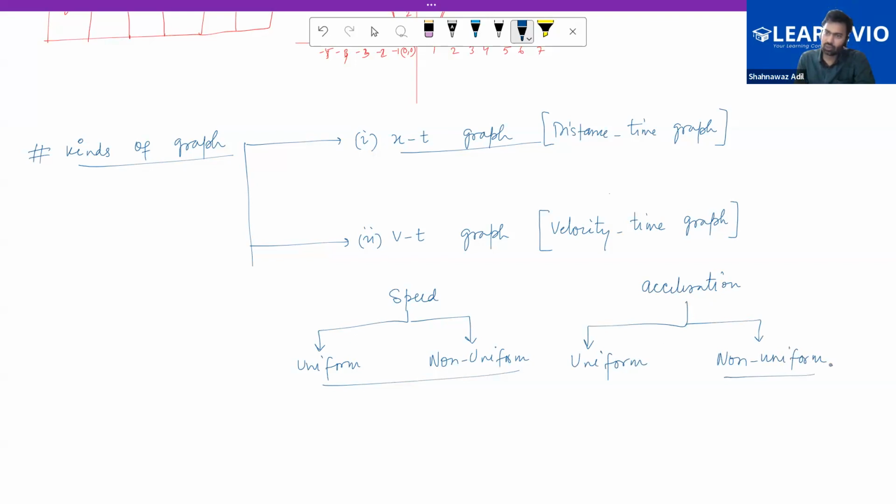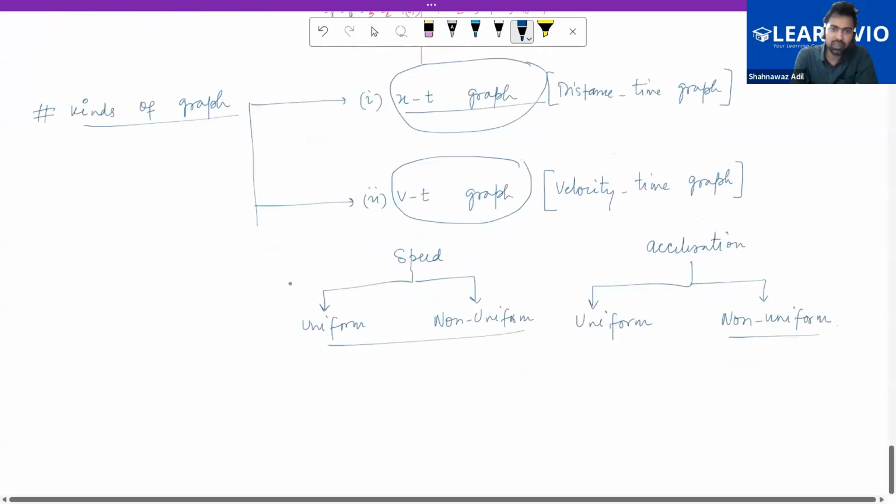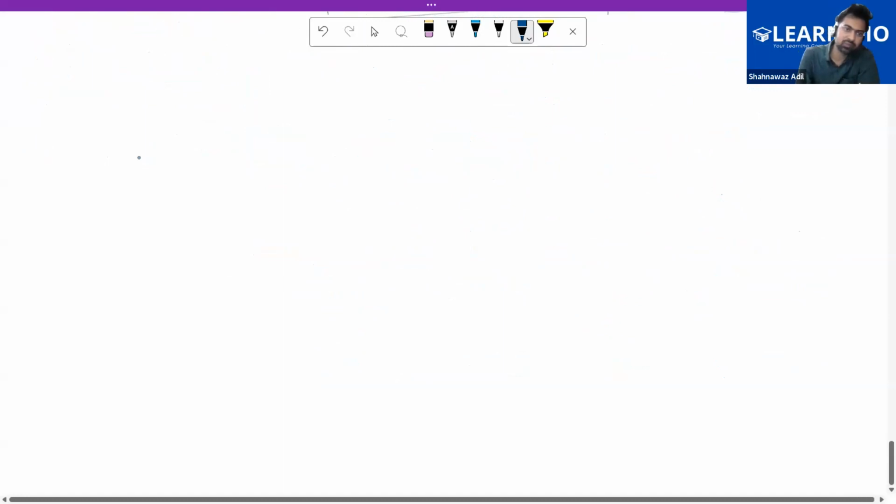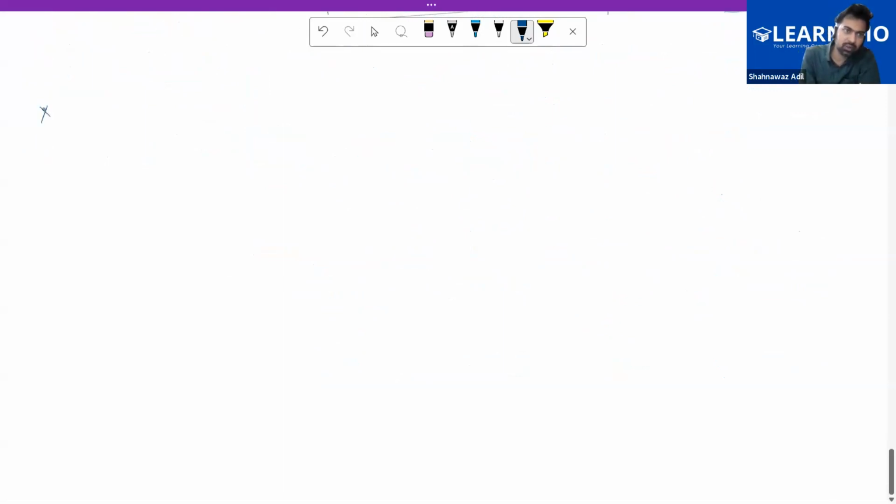So using these two graphs, how can we identify whether the motion is uniform or non-uniform? Let us understand that. Let's say we have some data. Let's talk about the distance-time graph.